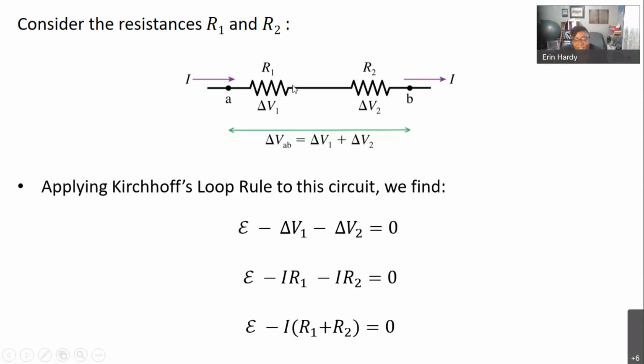If I know that the current through resistor 1 can't be different than the current through resistor 2, then I can factor out this shared current and just combine these two resistance values so that I have this EMF, which is a constant, multiplied by this current, which is a constant, times the sum of these two resistances.